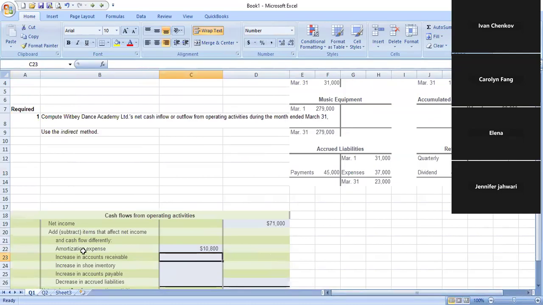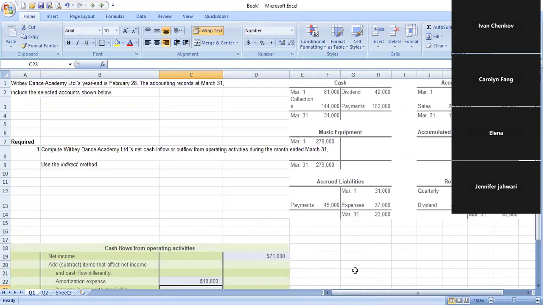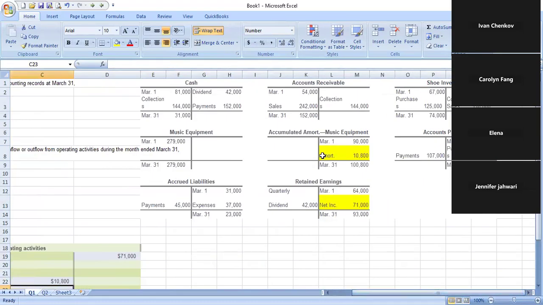Next thing we have to see is whether there is any increase in accounts receivable. For that reason, we're going to check this accounts receivable account. And what are we going to get? Beginning balance minus the ending balance, correct?